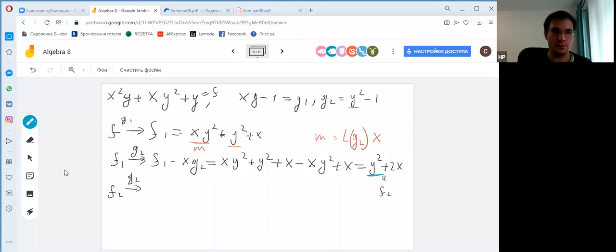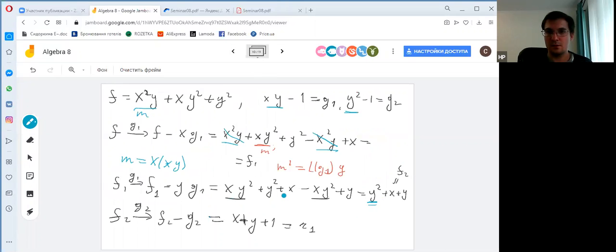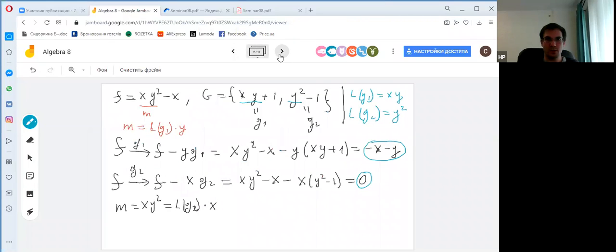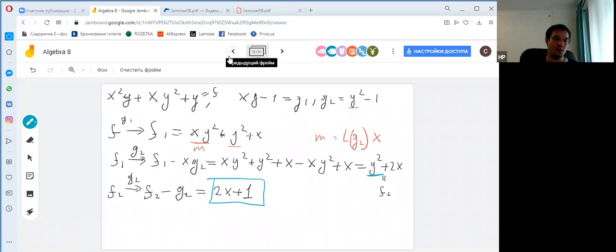They just coincide, so we obtain f2 minus g2, and this is equal to 2x plus 1. Okay, this is the remainder, and it is different from the previous remainder. So we have at least two remainders, and it is not unique.